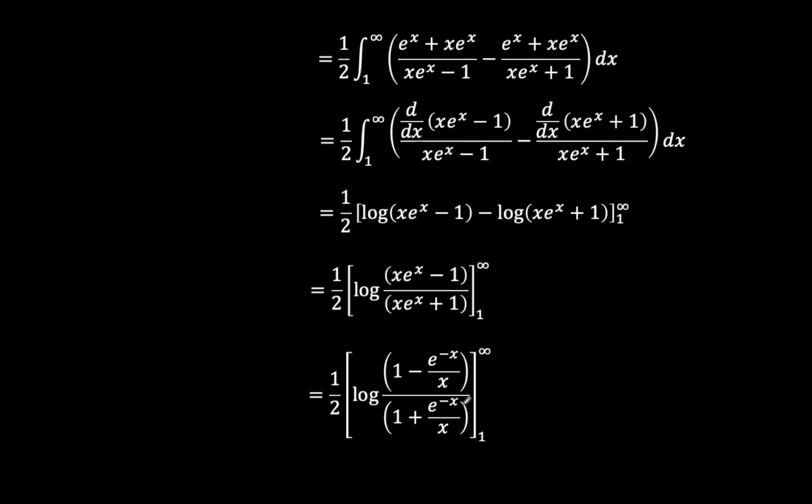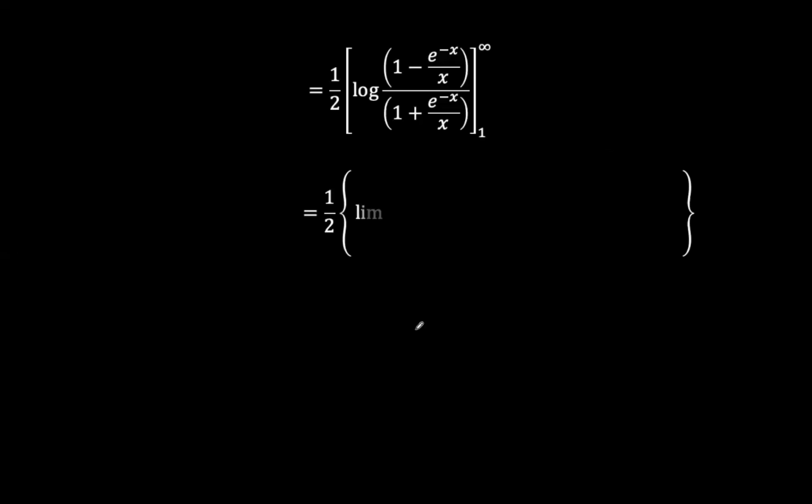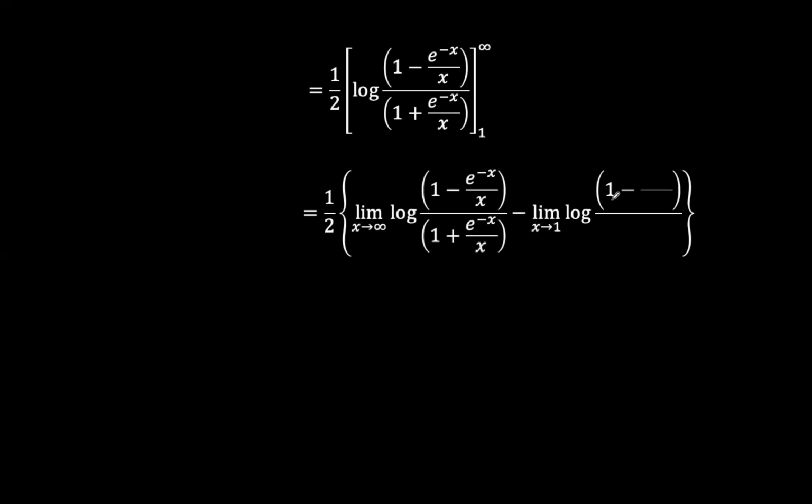And so what we get here is that on the upper limit as x tends to infinity, this part tends to 1 minus 0 over 1 plus 0, and on the lower limit, x equals 1, we have 1 minus e to the power negative 1 over 1 plus e to the power negative 1.